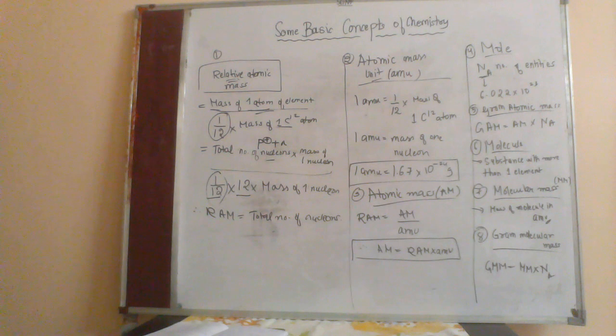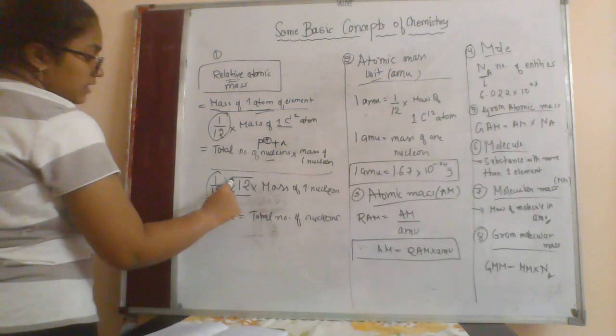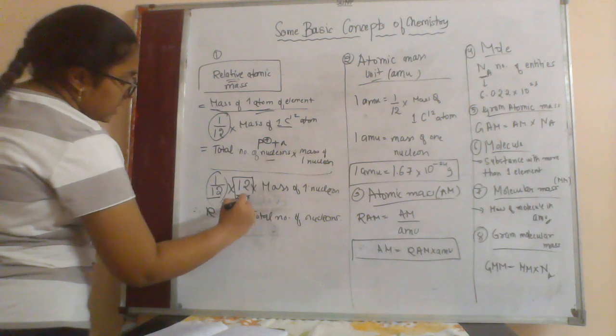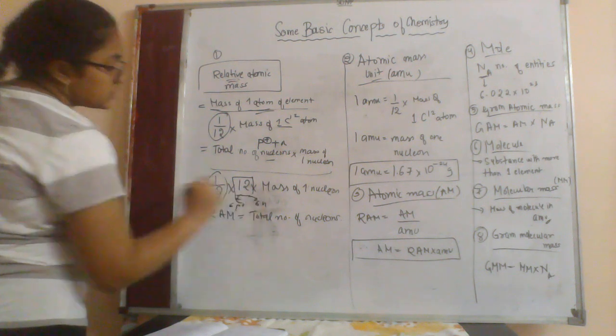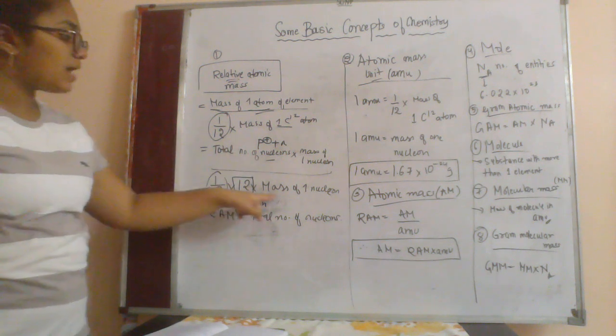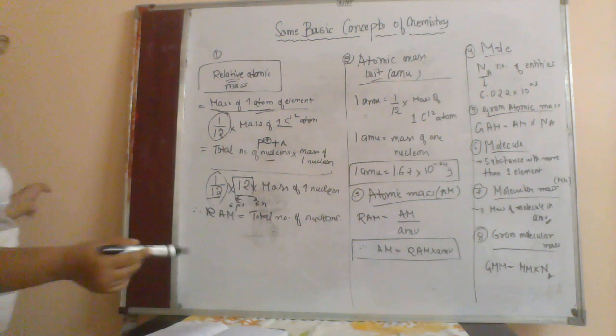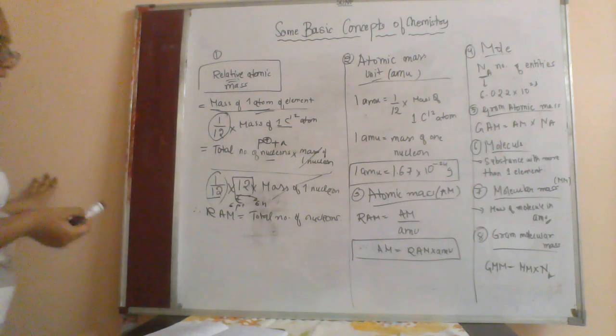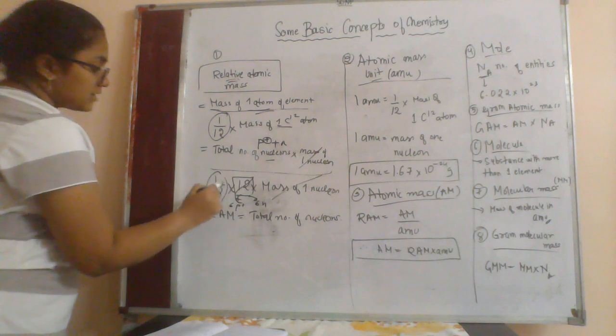Why did we take 12 times? Because in the first equation we took 1/12. Now the mass of one C12 atom has 6 protons and 6 neutrons, together 12 nucleons, that is the number of nucleons times the mass of one nucleon. So we can cancel out the mass of one nucleon, and 12 cancels out.